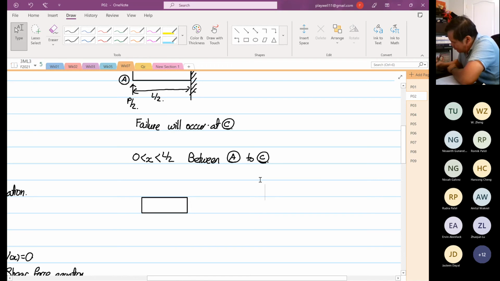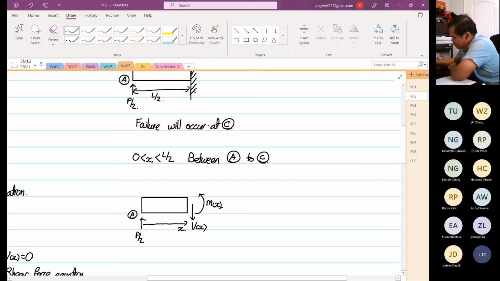So at point A, this is our P/2, and this is our X. So this is our shear force at the other end, and this is our moment.